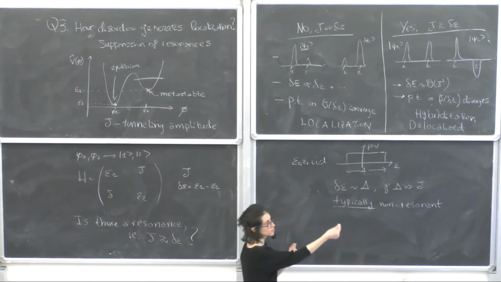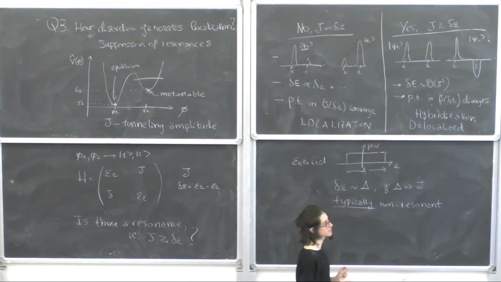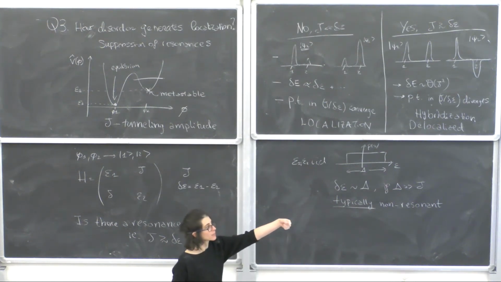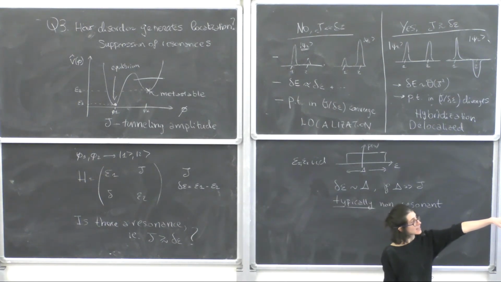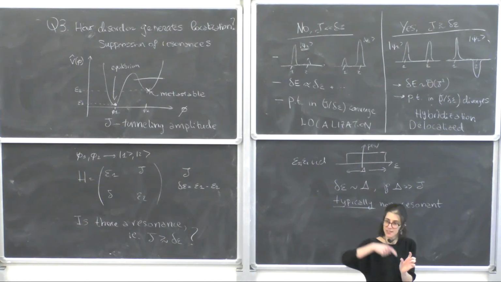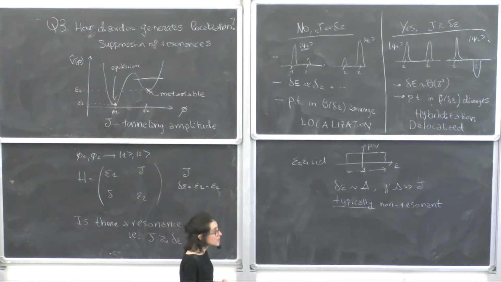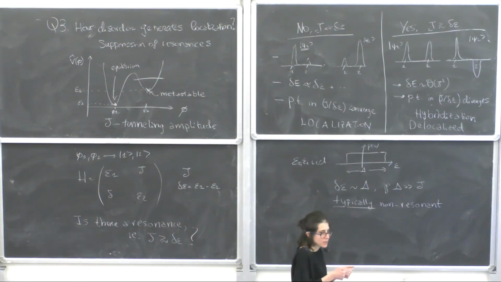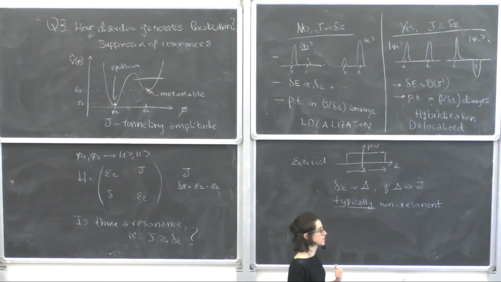So to reach a site which is at distance r, which depends on how small I want the energy difference to be, we'll have to act with this potential term at least a number of times which is of the order of this distance r. So this means that my effective tunneling will be itself very small, typically. So it will be this small constant J to the power of the distance between these two sites. And so I have a continuous competition between how small I ask the energy difference to be and how far the sites effectively are, and therefore how small is the effective tunneling between these two sites.